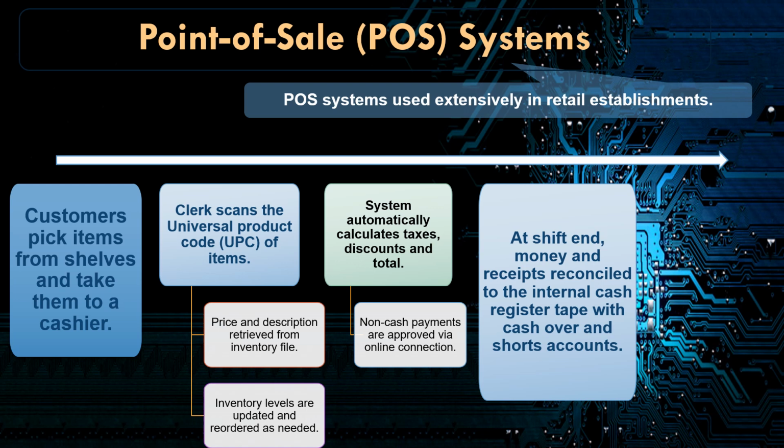Then after that, at the end of the shift, the money and receipts are reconciled by the internal cashier registrar, with cash over and short accounts, meaning that the internal cash registrar or the supervisor will come to collect the cash along with the receipt of cash to reconcile, and check that the cash is equivalent to what is in the receipt record and system.